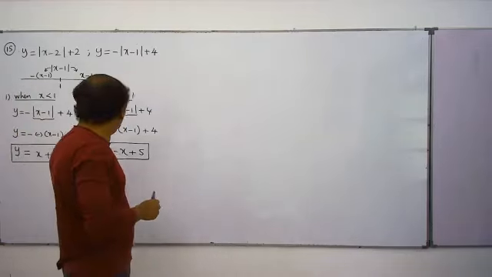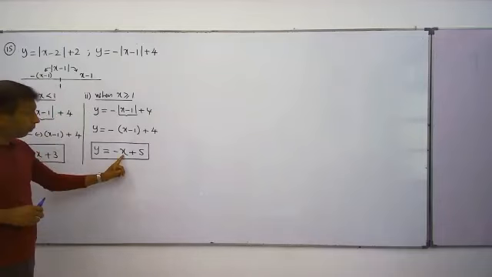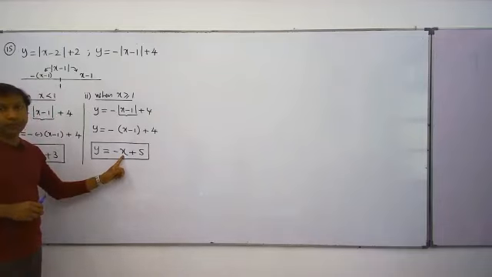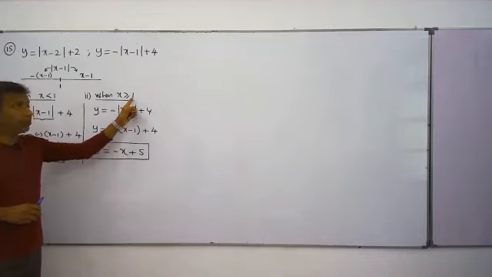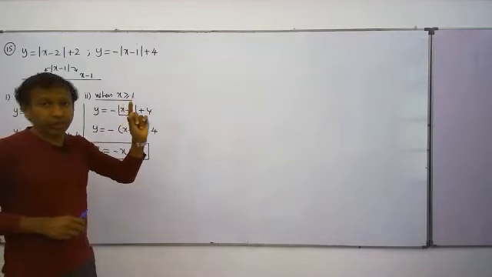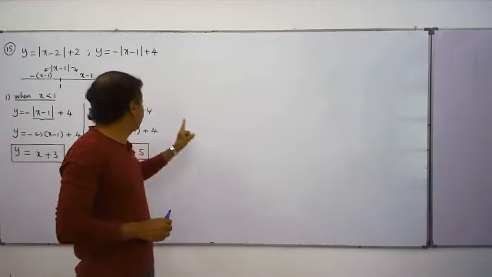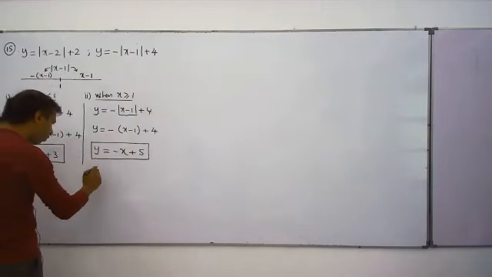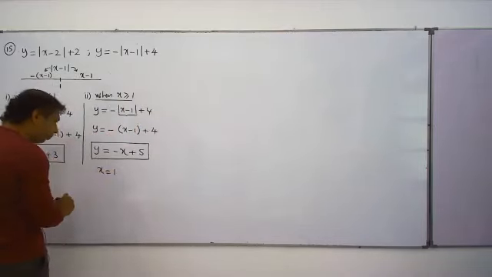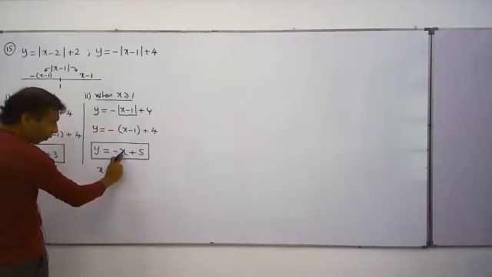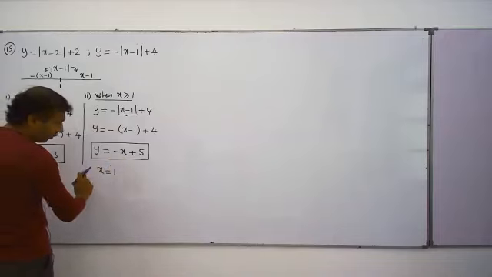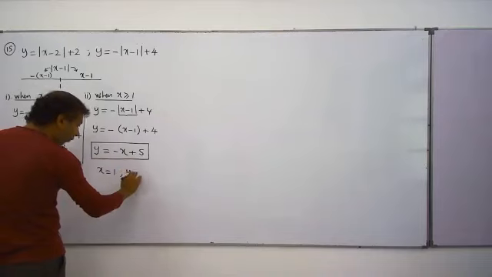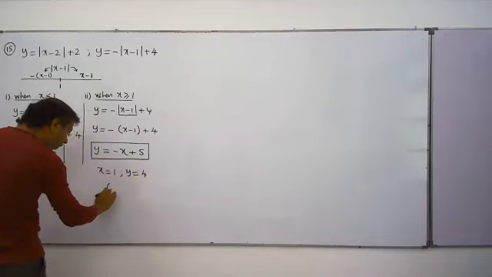Now, here also we know we have to find 2 points on the line. One point we definitely find by substituting the x value, as I told you. When x equals 1, what do we get? Putting x equals 1 here, minus 1 plus 5 is 4. Then 1, 4 is one point.